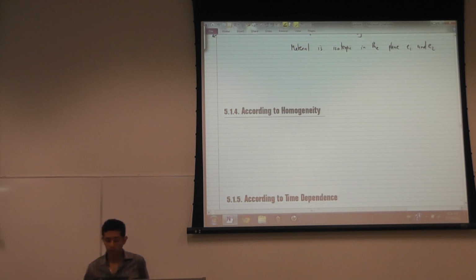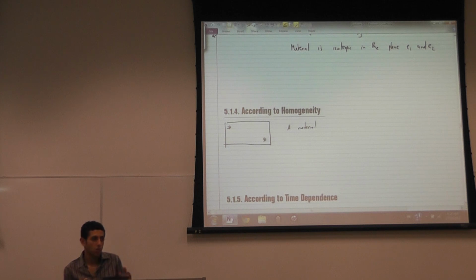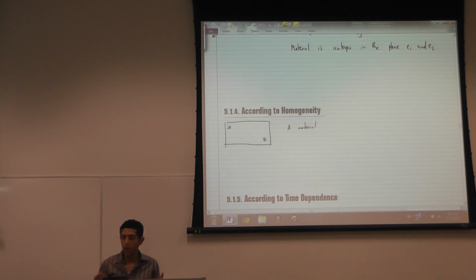We also classify materials according to homogeneity. A material is homogeneous if the relationship between the stress and the strain I obtain for every specimen is the same. It's independent of the location of the specimen within a sample. If I created a bulk of this material, the relationship between the stress and the strain at any point is the same.